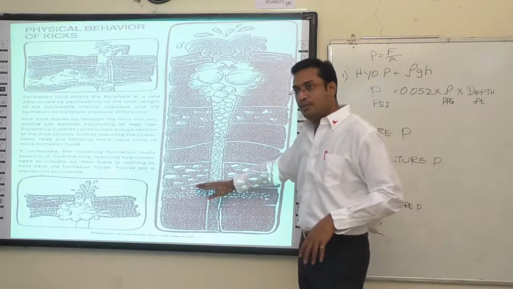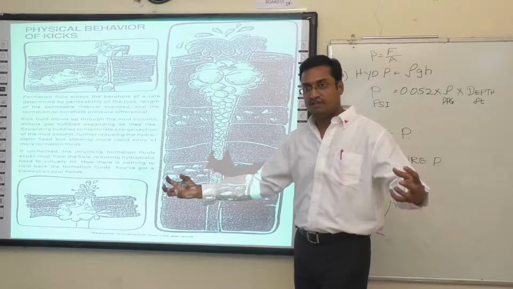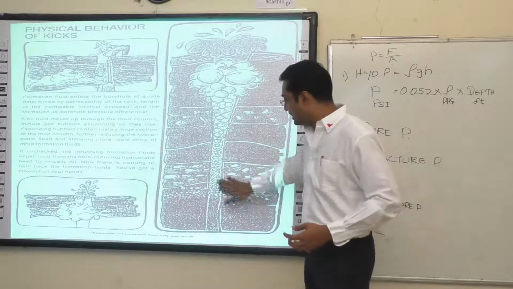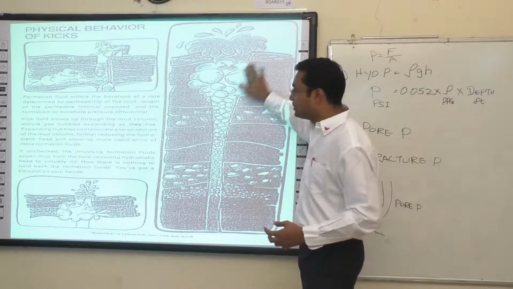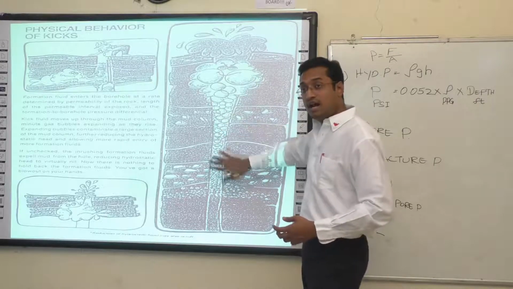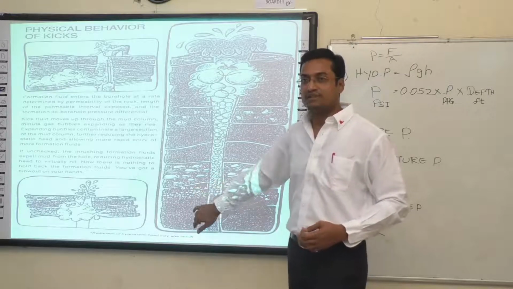When you close the BOP, there is no further entry. Whatever well fluids have entered into the well bore, you have to circulate it out without allowing any further influx. That is well control method.